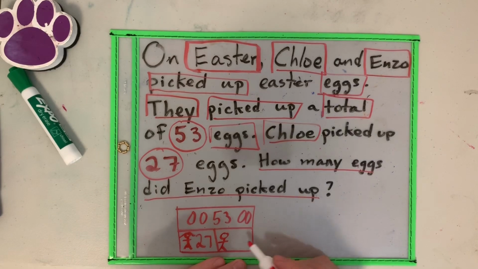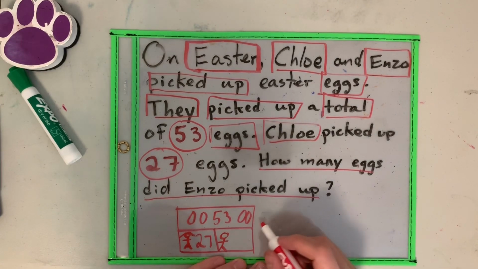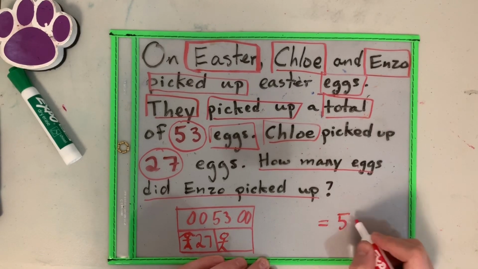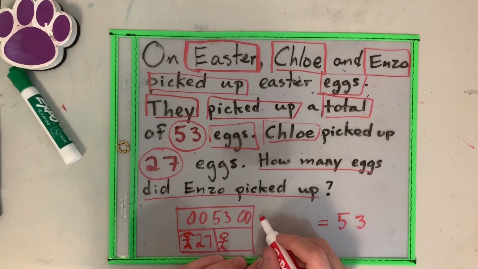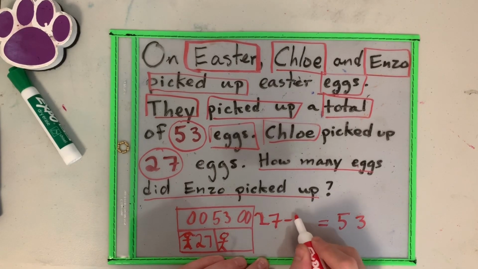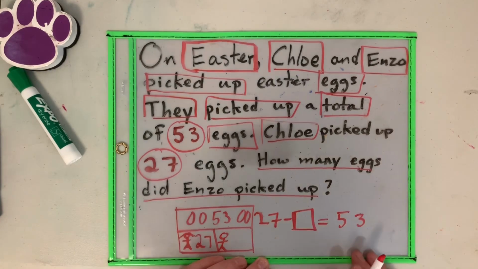So to find this answer, there's two ways. So we know that they have a total of 53. And Chloe picked up 27.